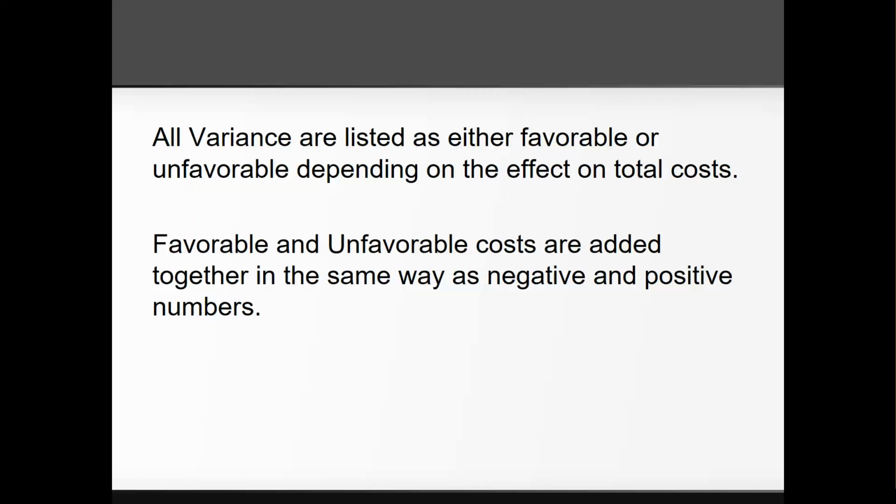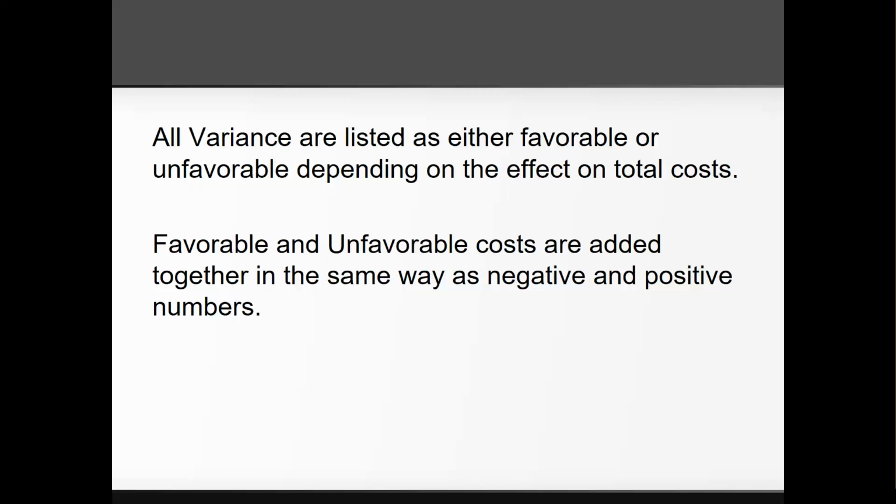On the other hand, if it took less material than what we anticipated, that would be a favorable variance. Or if our price was lower. Same thing on direct labor. If we pay more per hour, that's unfavorable. If we pay less per hour, then that's a favorable rate variance. If it takes the workers longer to do the job, that's unfavorable. If they do it in less time, that's a favorable time variance.